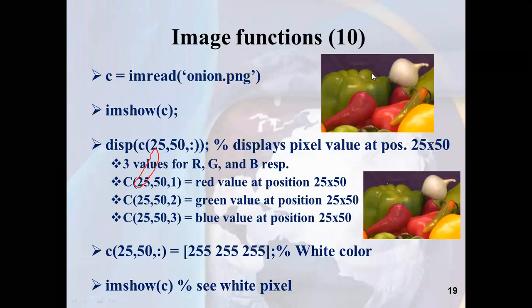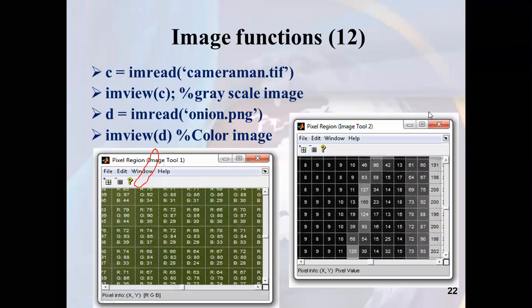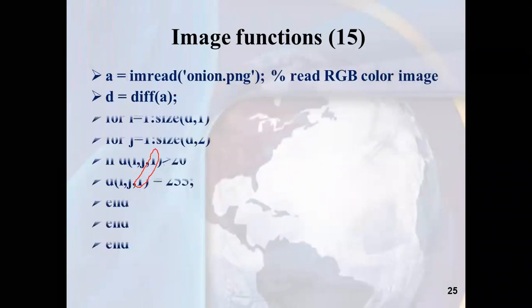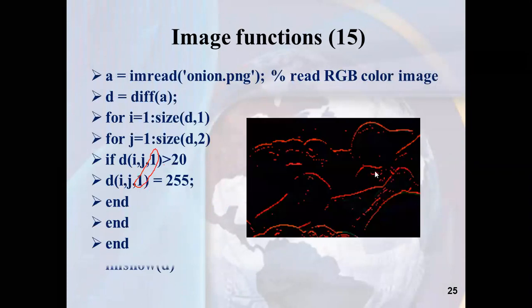We show these values because it is the difference between the different colors. So for that, we obtain this, which approximately is the border between the different parts of the image. Okay, this is the onion, this is the pepper, and so on.